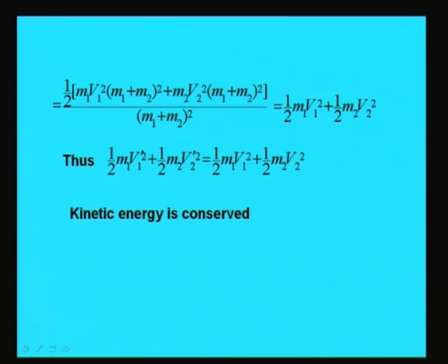Thus we get half M1 V1 prime square plus half M2 V2 prime square is equal to half M1 V1 square plus half M2 V2 square. That means the final kinetic energy of the two particles is equal to the initial kinetic energy.